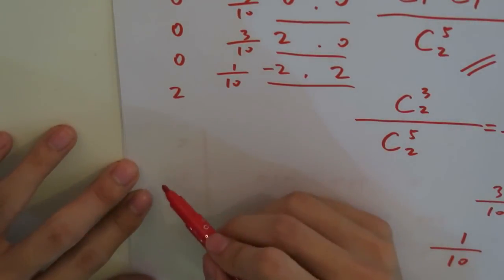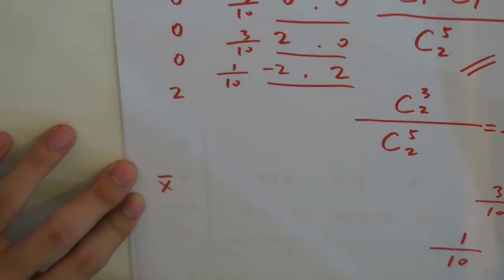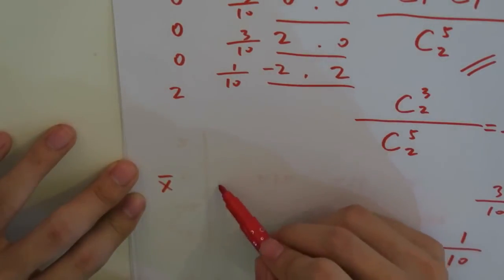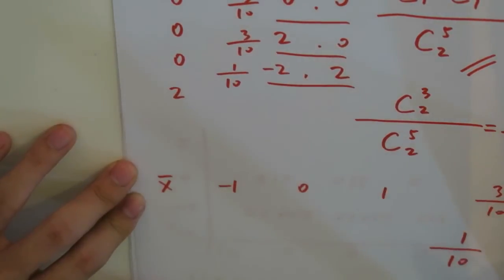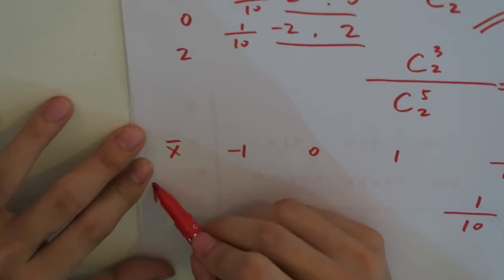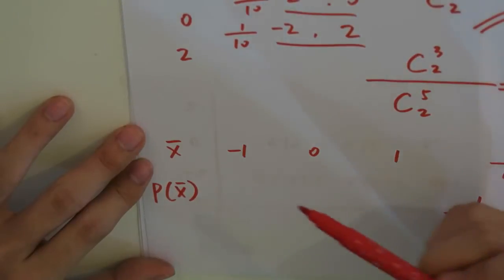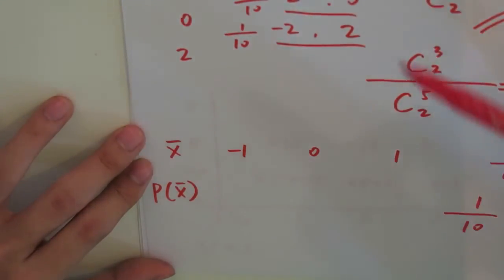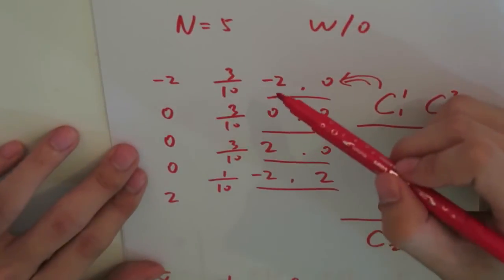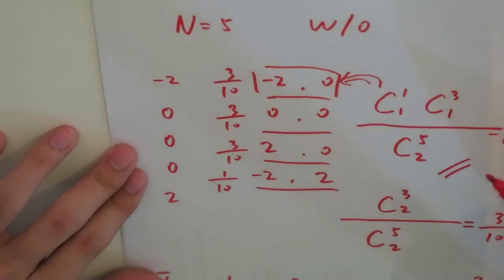Okay, so now we can get the sample mean distribution. As usual, we'll have the sample mean. The possible values will be -1, 0, and 1. Okay, and also the probability. So for the first value, -1, we can get it from the sample -2 and 0.